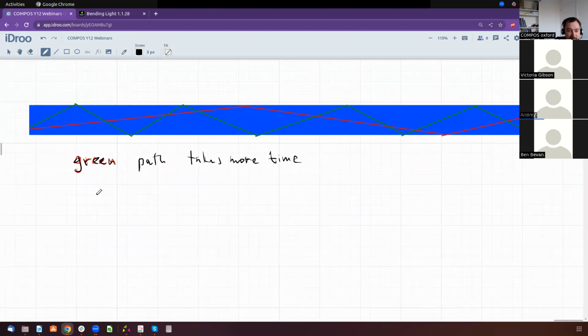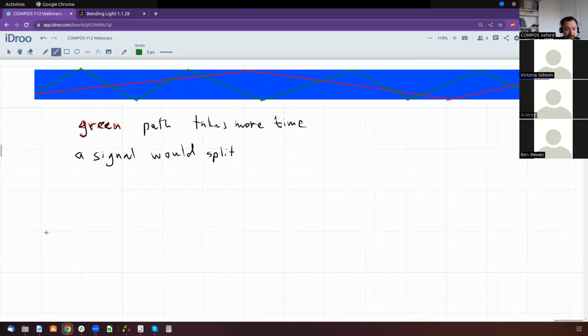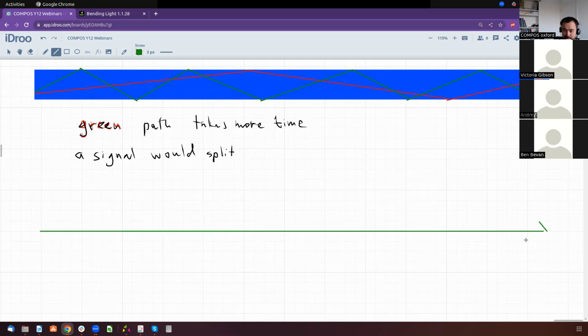And effectively, that means if you send a signal, it would split. So if this is the time scale or the distance, this is the signal that you sent. This is the emitted signal.